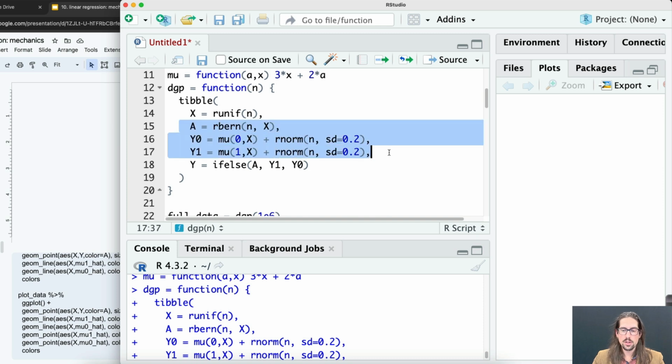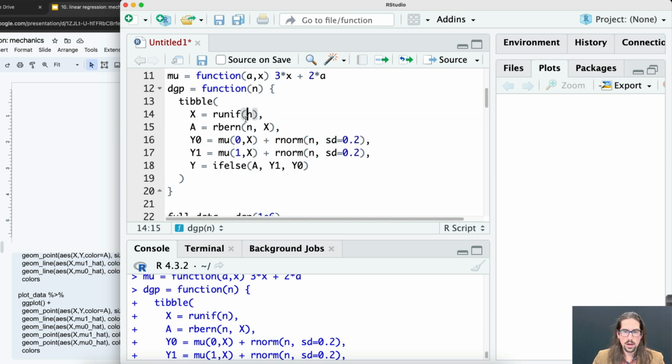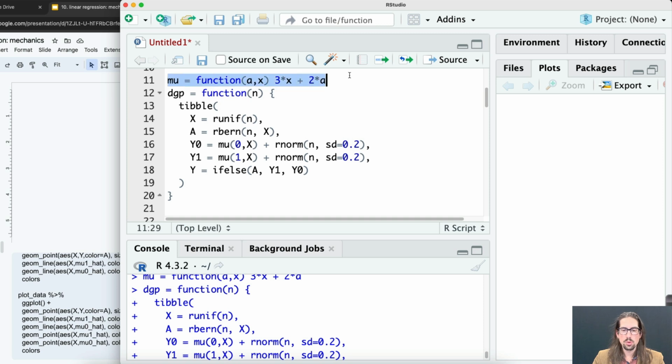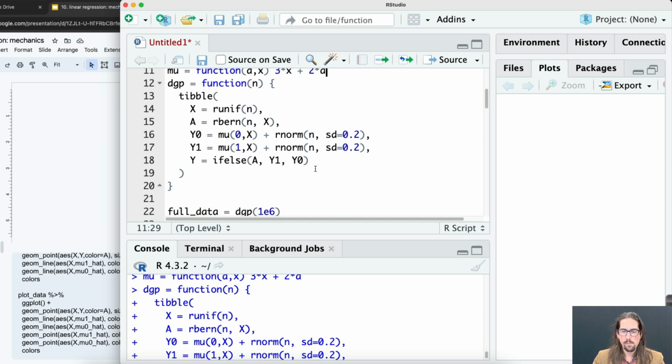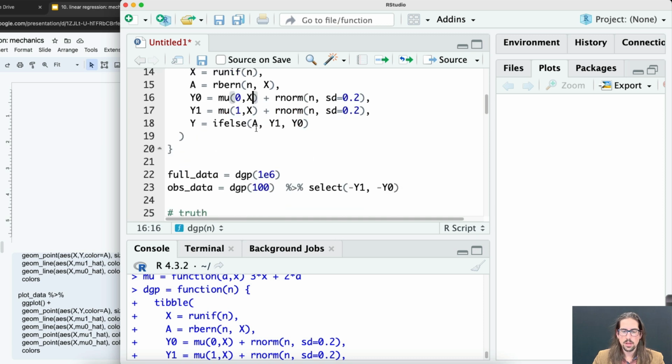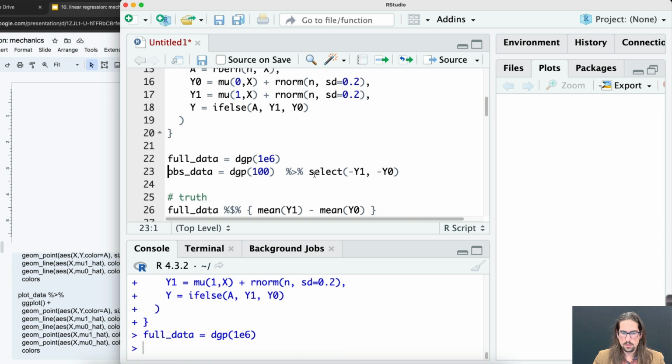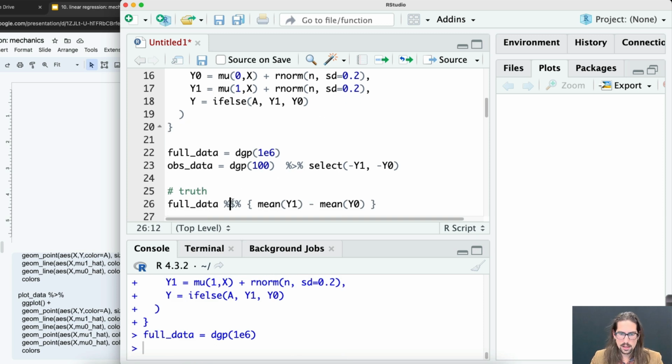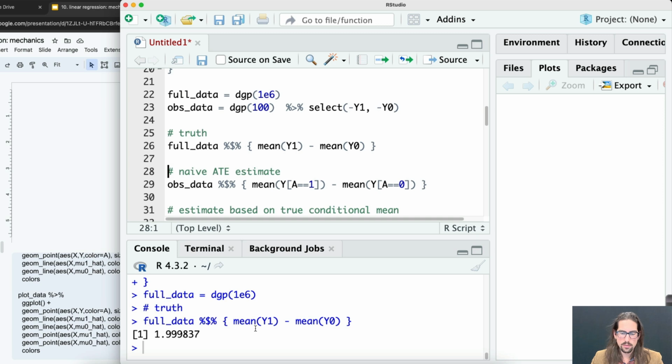This is a causal data generating process, so we have y0 and y1, and we also have the observed value y, and the true conditional mean of y given a and x is given by this function up here, by construction.